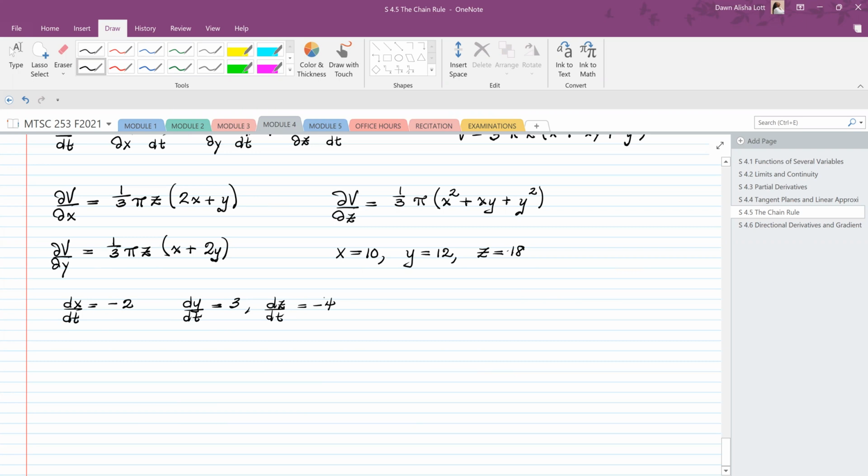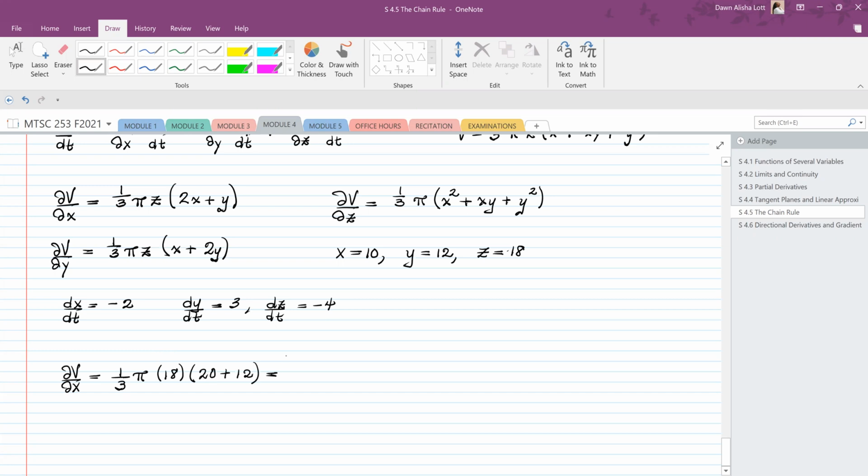Okay, so now let's find the partial of V with respect to x. The partial of V with respect to x is 1/3 pi, z is 18, times 2 times x, which is 20, plus 12.